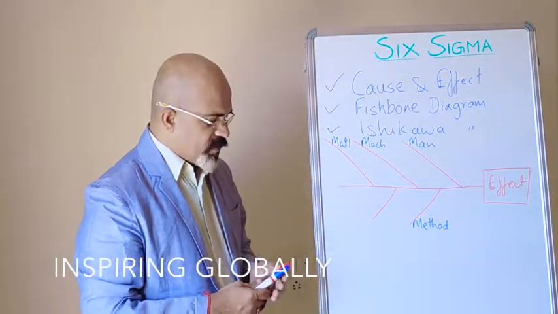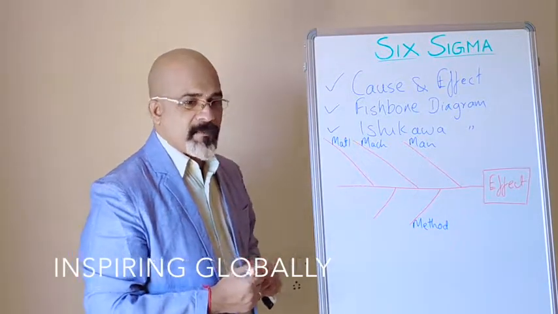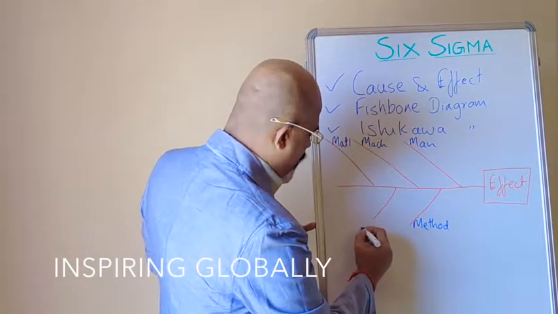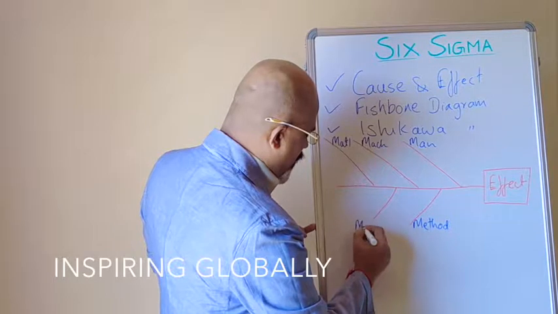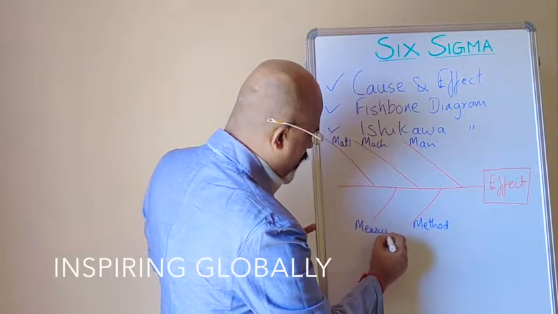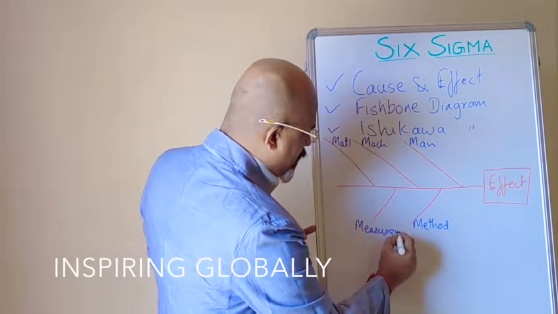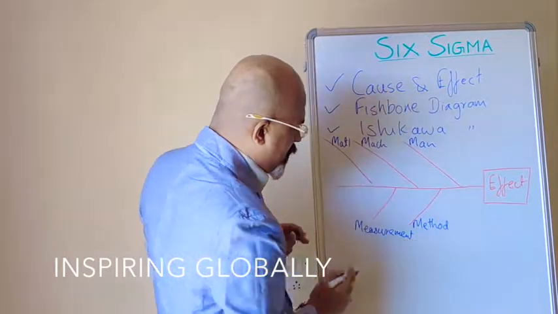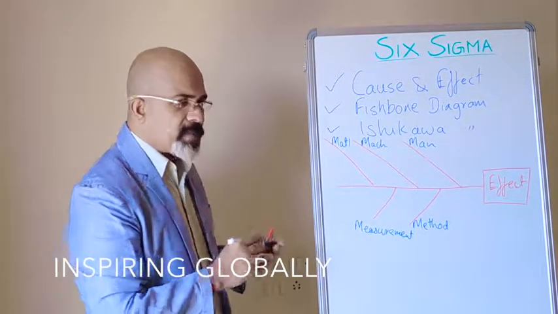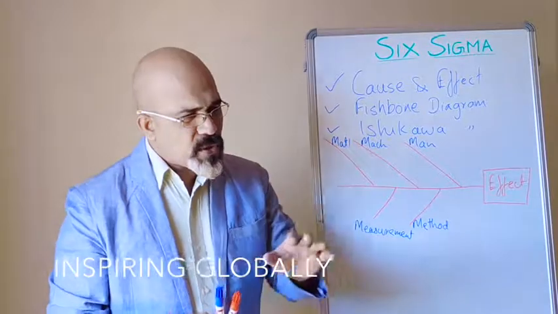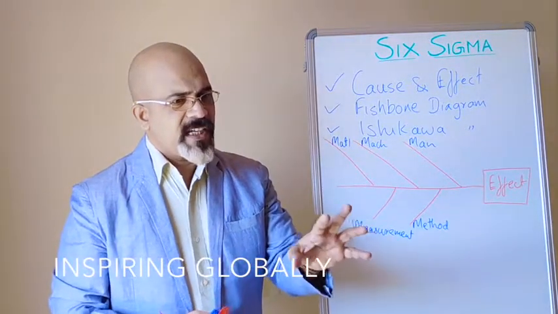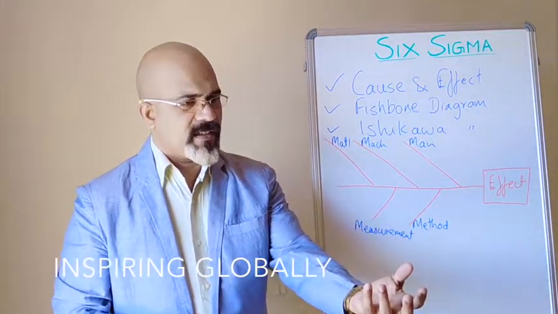And what is the next one? Measurement. Whether it's because of measurement. Measurement means actually the product is the same, just because two different ways of measuring it show a different result.